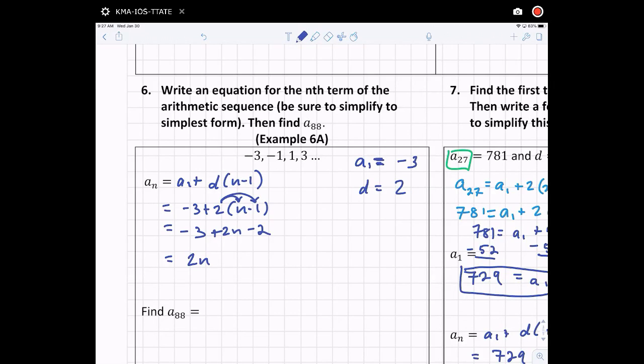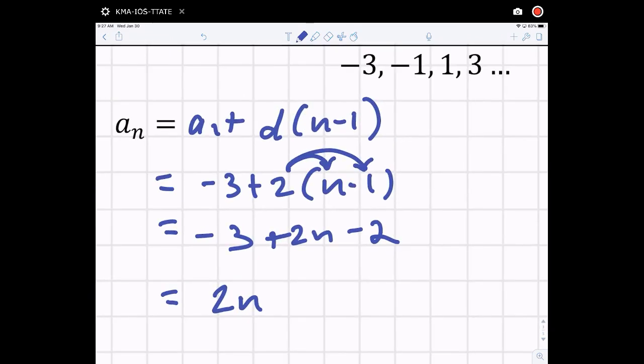Combined, adding. Oh, it's 5. Not quite. Where is it on your paper? Oh, -5. Negative. Okay, good.